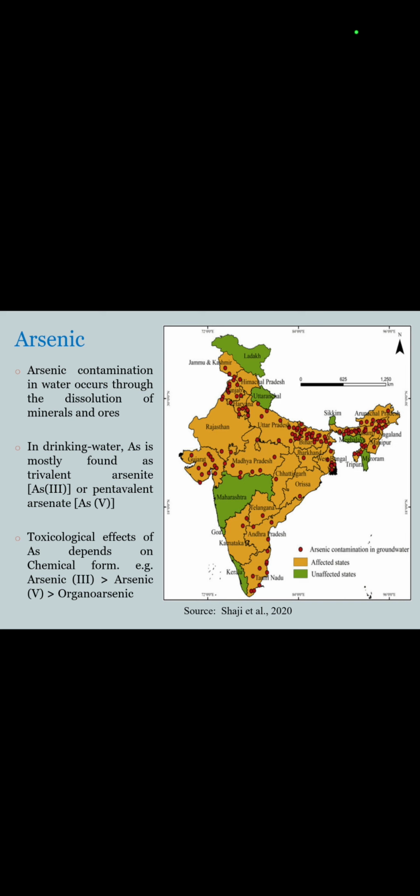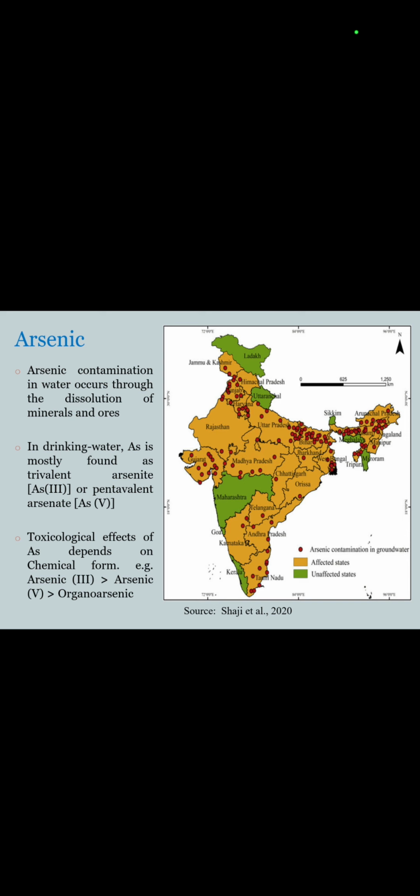Now in terms of the geogenic sources of pollution, India today battles two specific contaminants, which I will be discussing. Those two contaminants are arsenic contamination in groundwater, and the second one is the issue of fluoride contamination in groundwater. So when we say arsenic contamination, in most areas across India, groundwater sources are reported to have arsenic above the permissible limit.